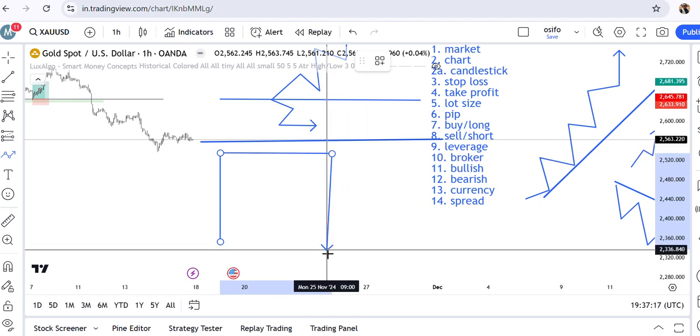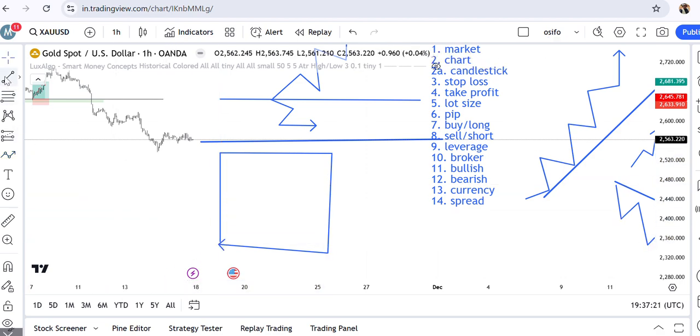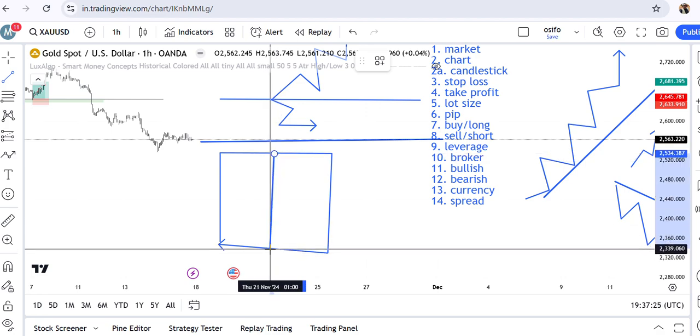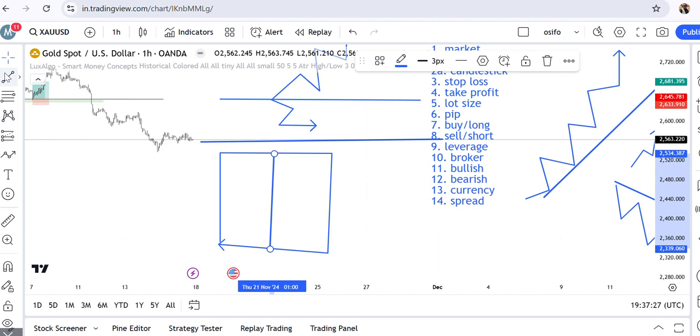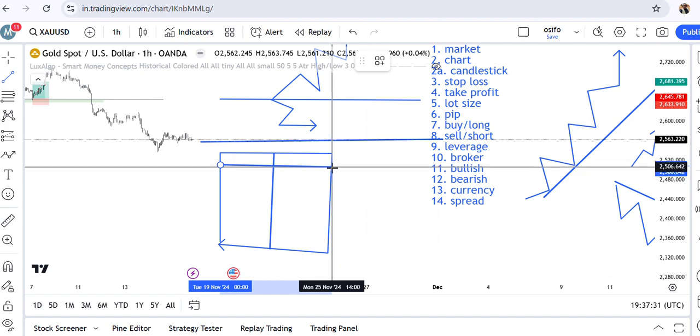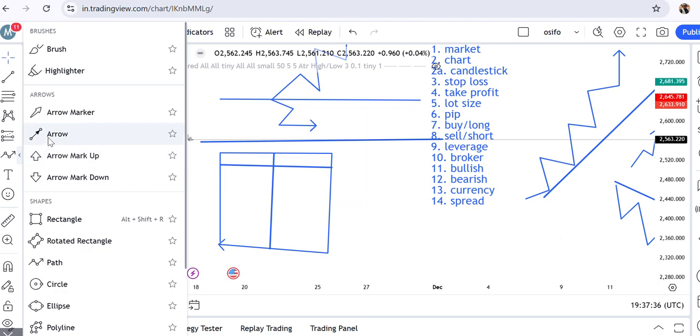I'm going to try and draw it. Let me see if I can draw it. It looks like this. Rate board. Those of us in Nigeria must have seen it.